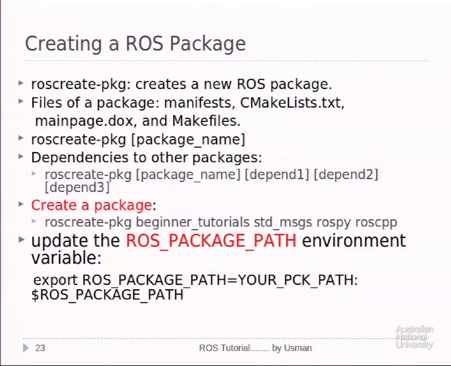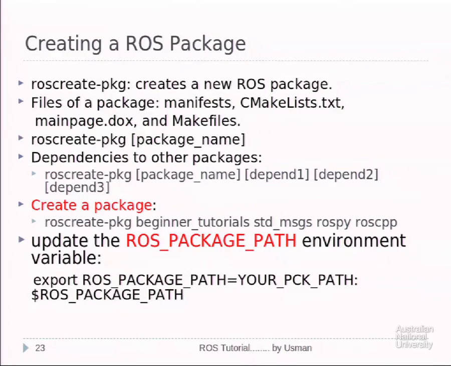So the basic command is ROS create package. Then you write your package name and some dependencies, like my package is going to be dependent upon this. Once you do this, of course, it's a software, so it doesn't know where you have created your package.